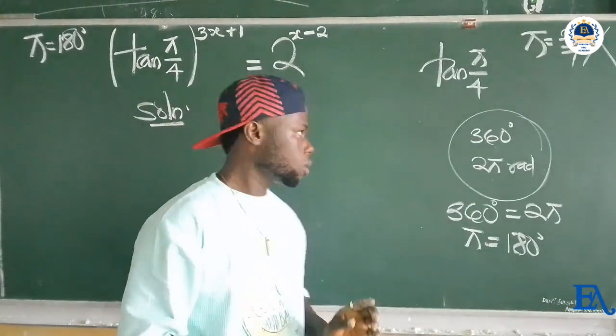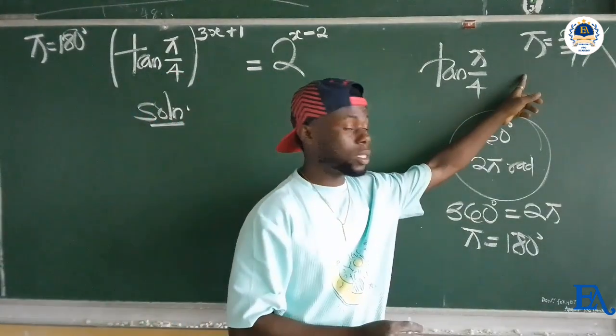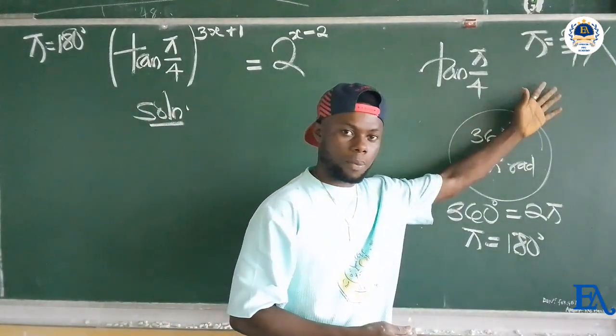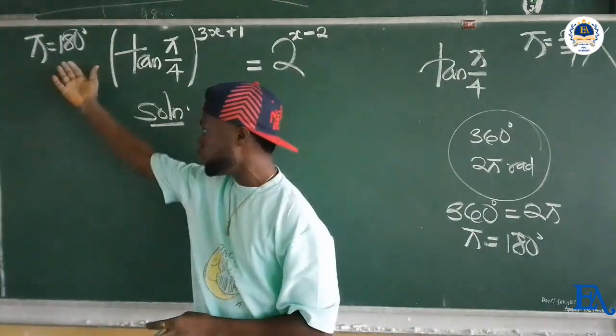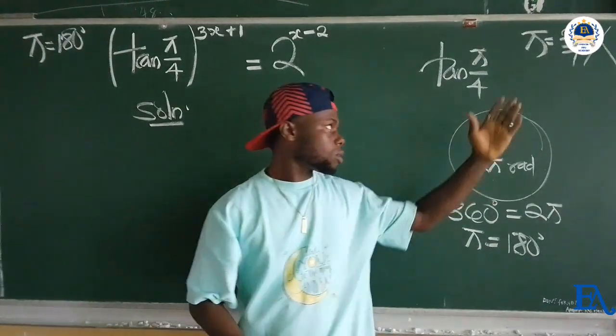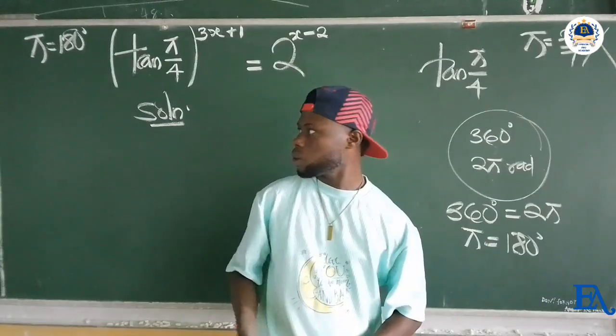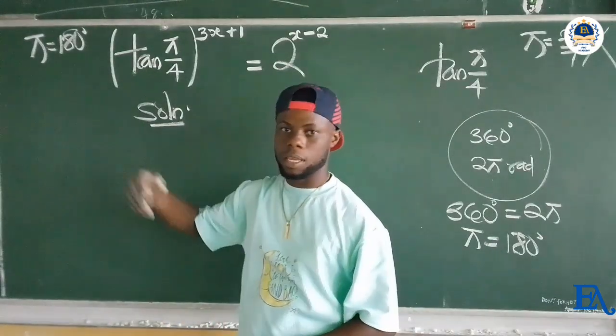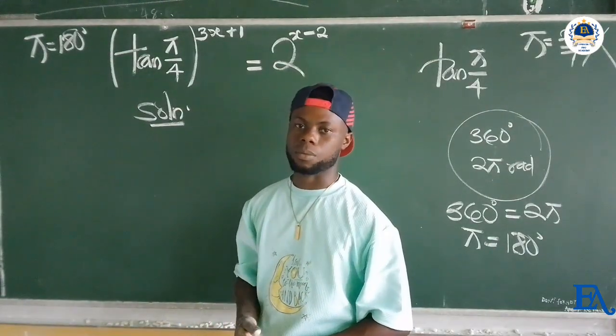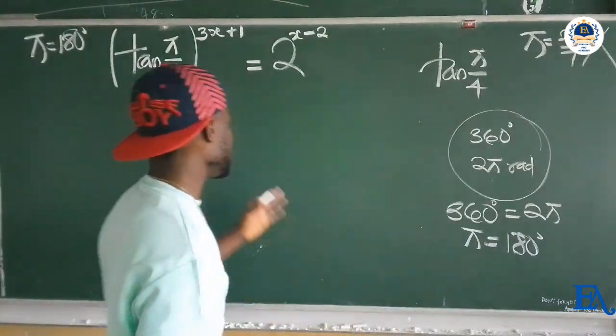Hope you understood. Not this pi equal to 22 over 7. This is a constant term or numerical value, while this pi is a measurement of an angle. Let's solve this question on the board.